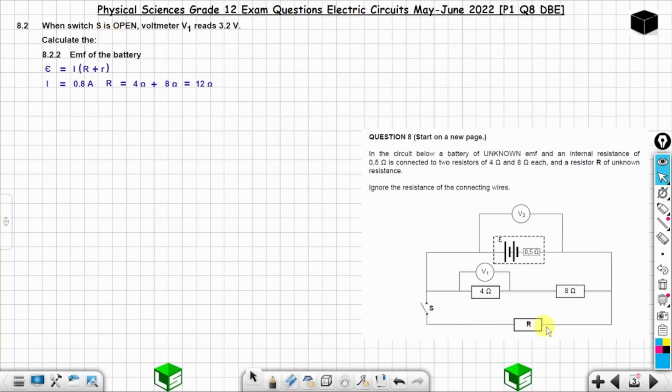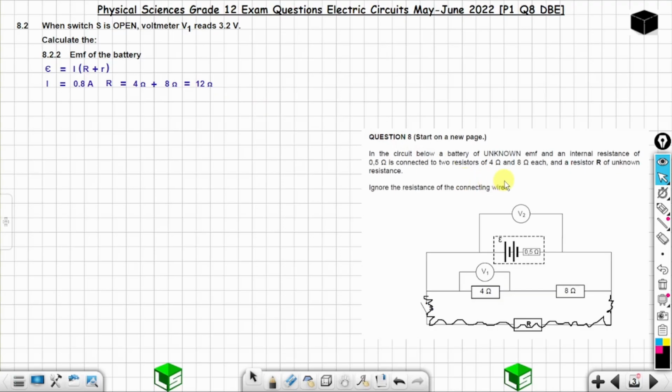So this branch is useless when switch S is open. So you only have 4 ohms plus 8 ohms, a series connection.